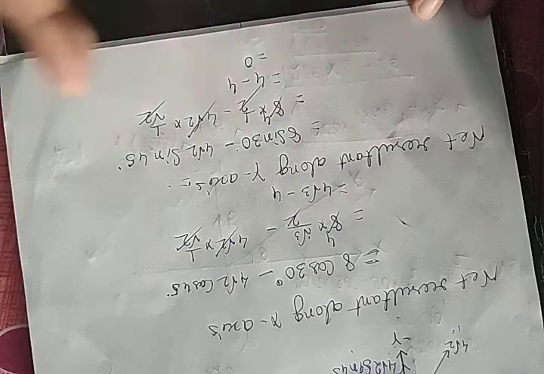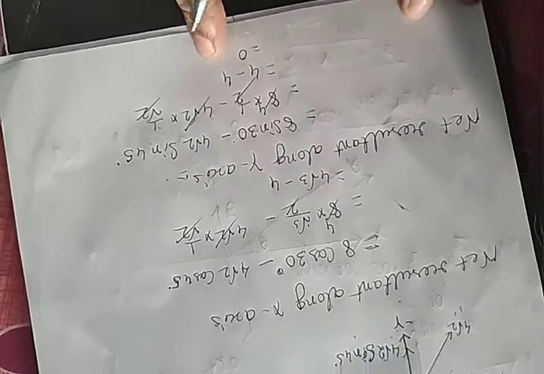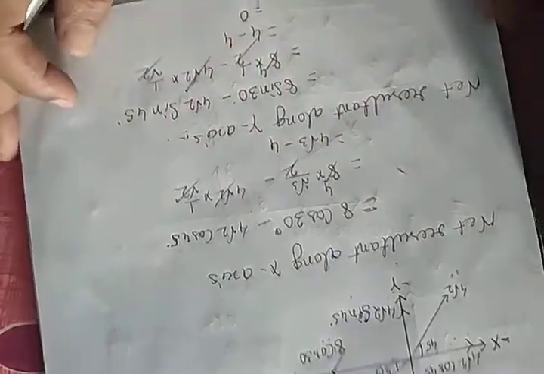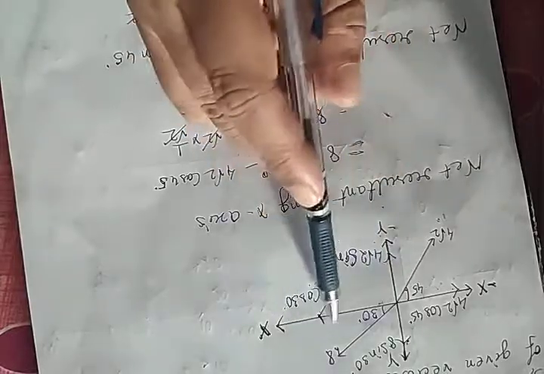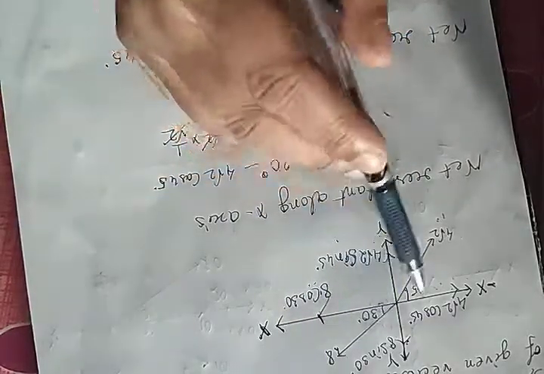So you don't need to find a direction for the resultant vector, because the net resultant vector lies along the x-axis only. It has no component in the y direction, because after adding you can see that the net resultant along the y-axis is 0.